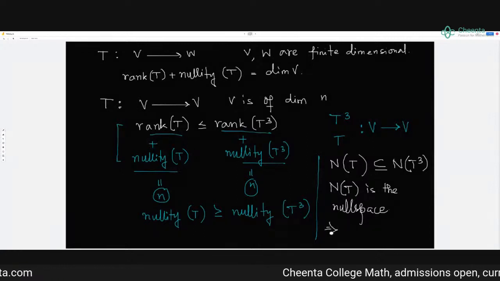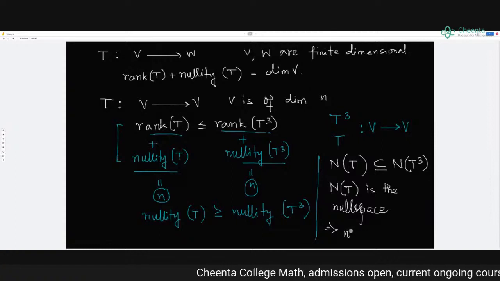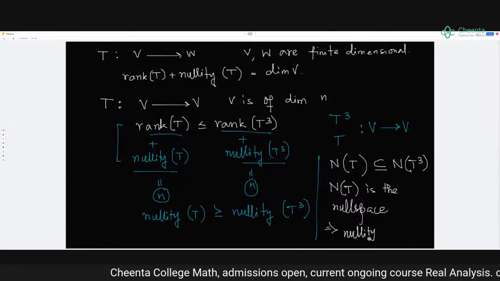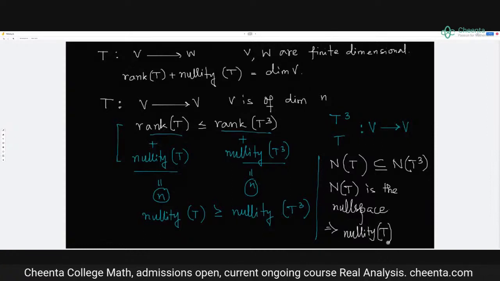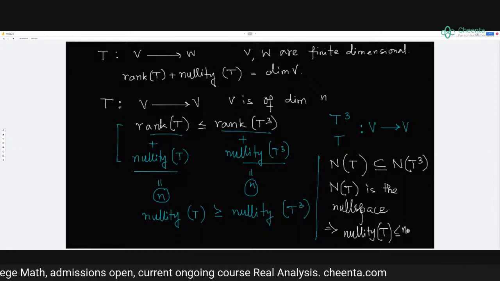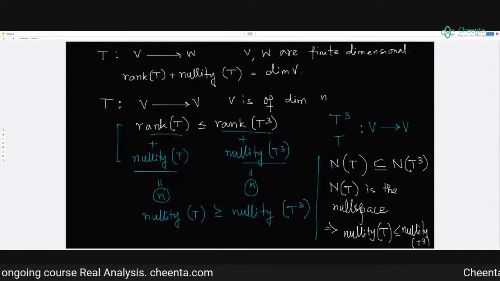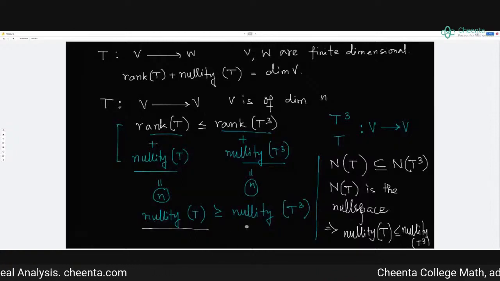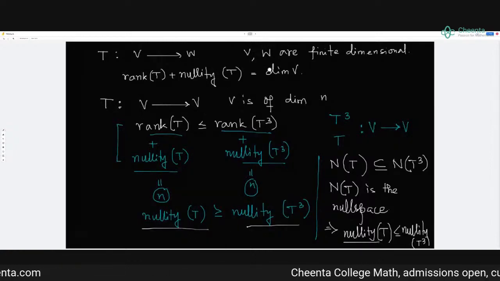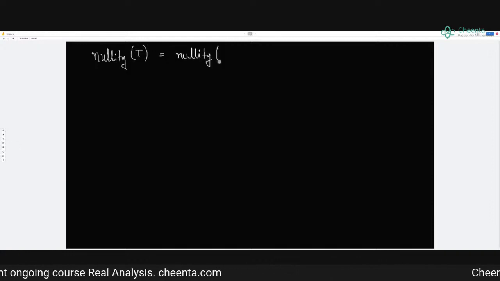So this implies that nullity of T is less than or equal to nullity of T cubed. If you combine these two things, it implies that nullity of T is equal to nullity of T cubed.